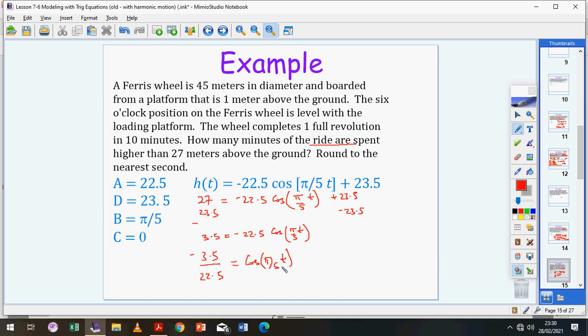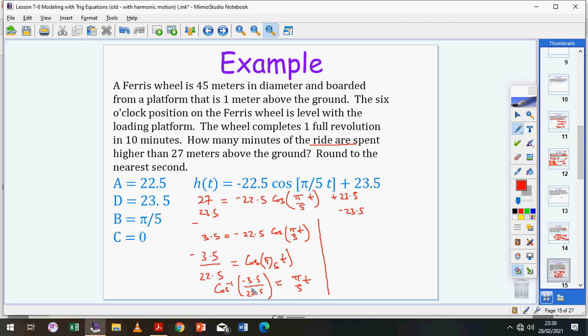What am I saying? To find t alone, I would need to get the inverse cosine of negative 3.5 divided by 22.5. That would be equal to pi over 5 times t, right? So once I get the value of this, you can use a calculator to figure this out.